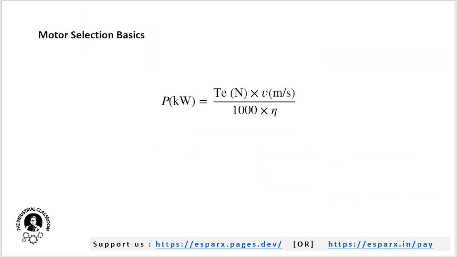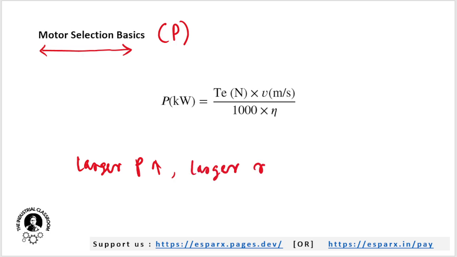Whenever we come to the selection of the motors, the important factor is the power. Larger power means a larger motor or a larger gearbox.